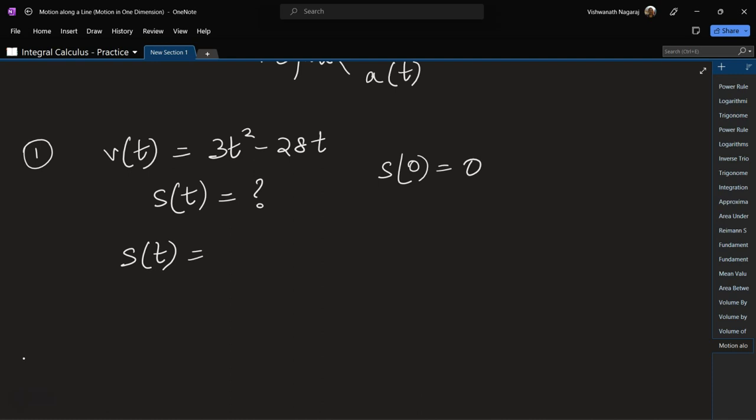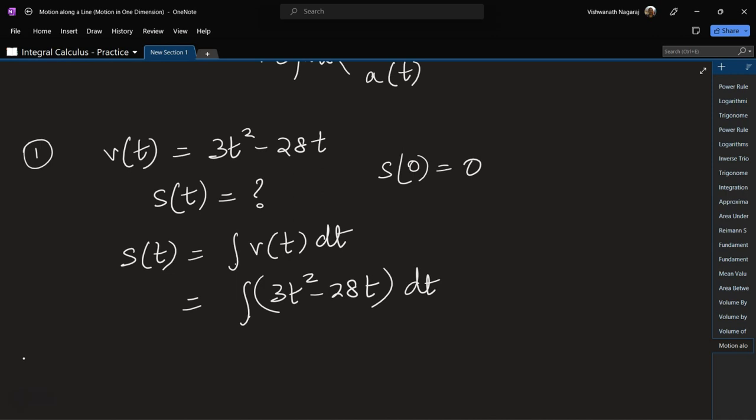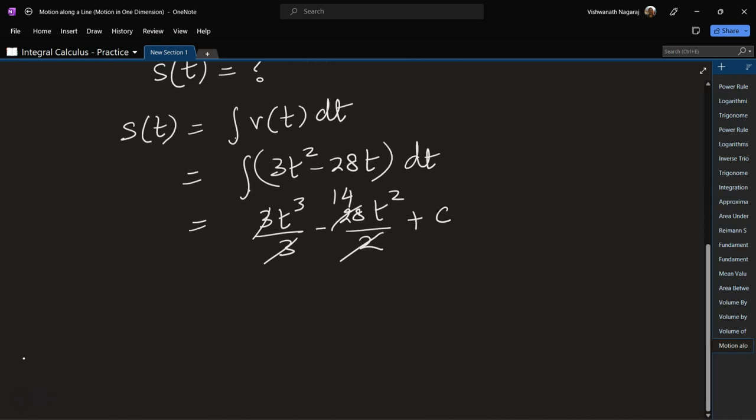So we know s of t is equal to the integral of v of t dt, which is equal to the integral of 3t square minus 28t dt, which is equal to 3t cube by 3 minus 28t square by 2. So 3 cancels, 2 and 28 cancel, plus c, the constant of integration.